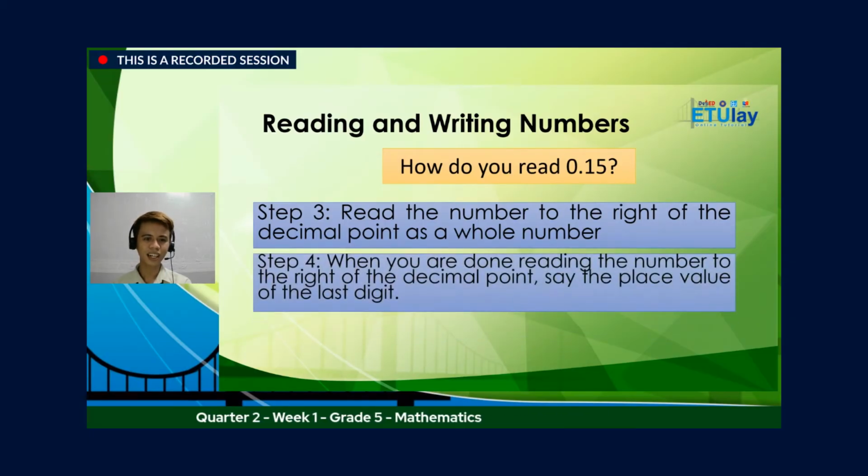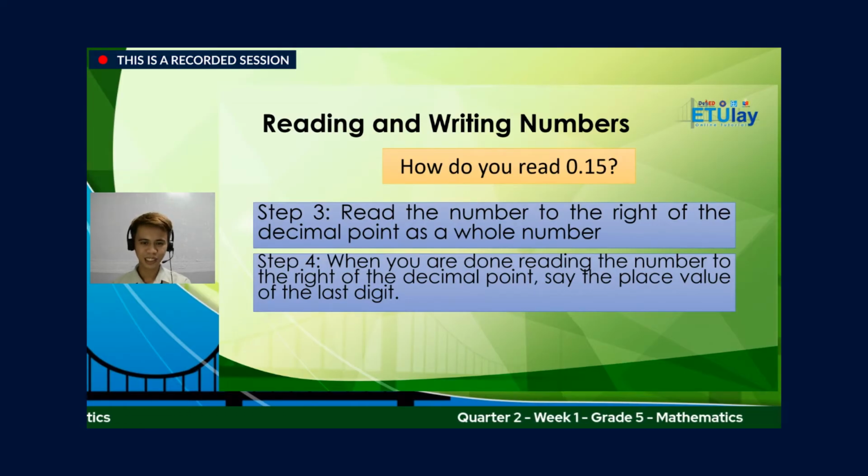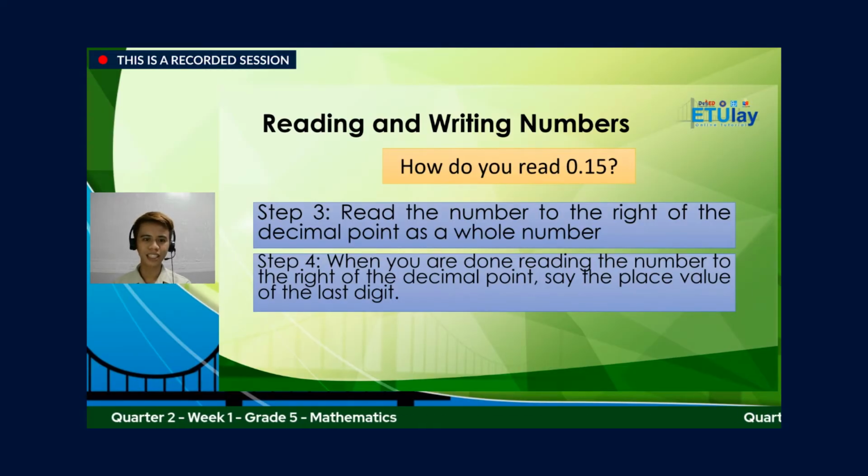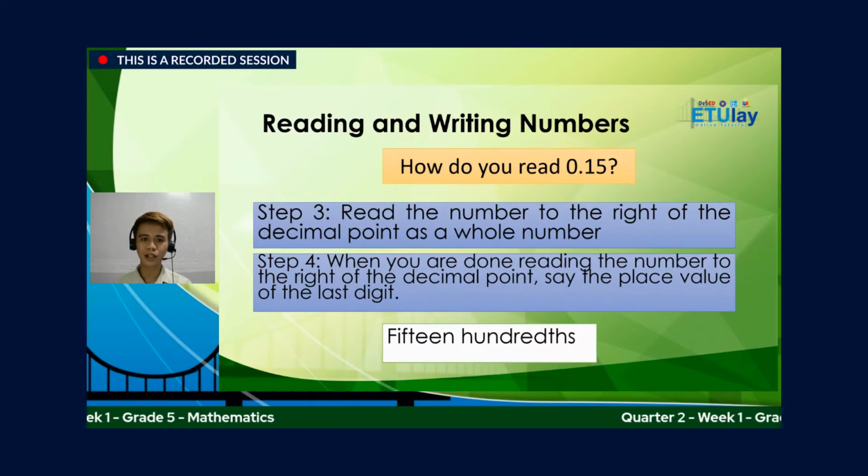When you are done reading the number to the right of the decimal point, say the place value of the last digit. So ang ating last digit sa ating given ay 5. At ang place value nito ay hundredths. So meron na tayong pagkakabasa dun sa ating whole number at yung place value niya. So ang pagkakabasa ng 0.15 ay 15 hundredths.